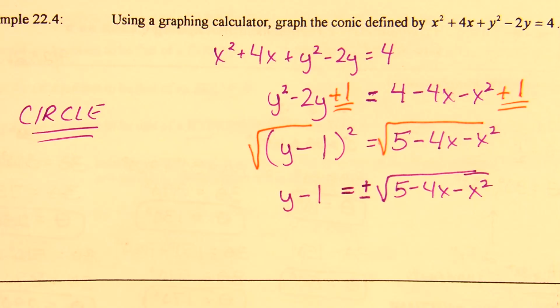Plus or minus. And then if it's y minus 1, I'm going to add 1. So y is, I like to write this as 1 plus or minus the square root of 5 minus 4x minus x squared.